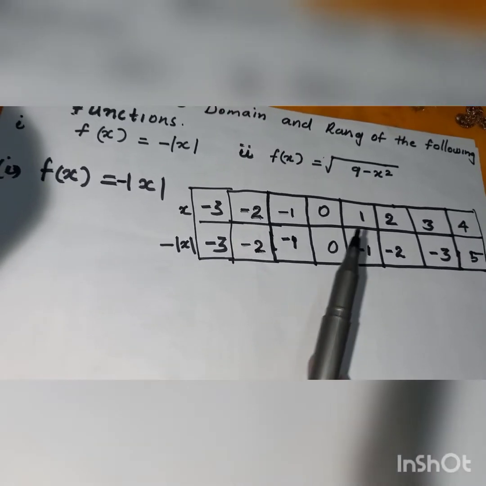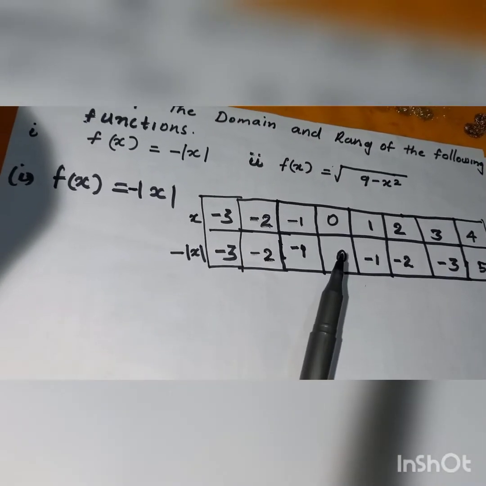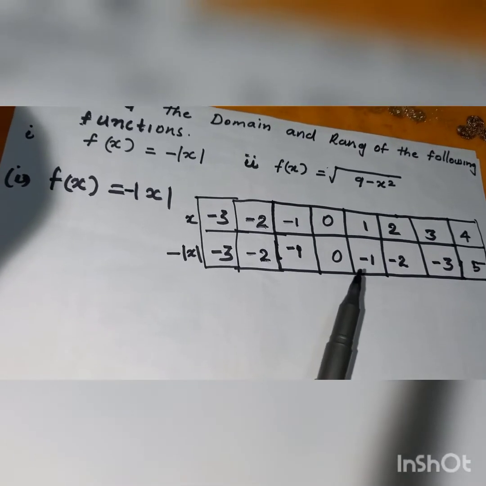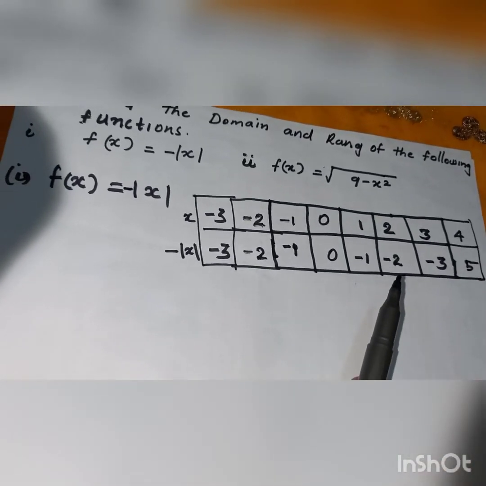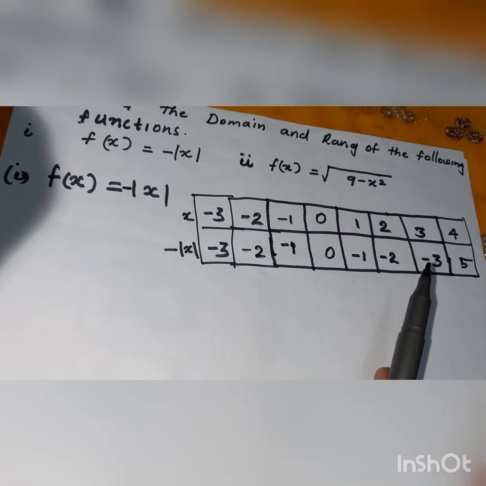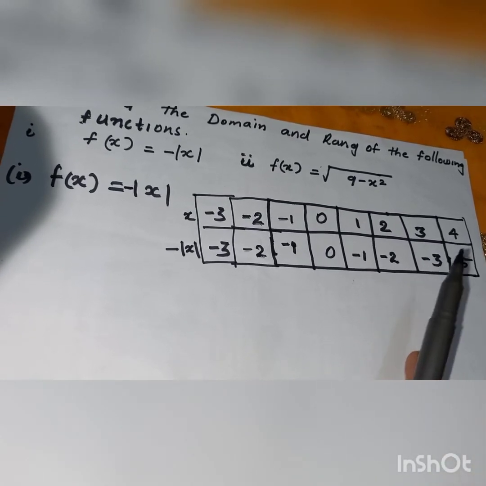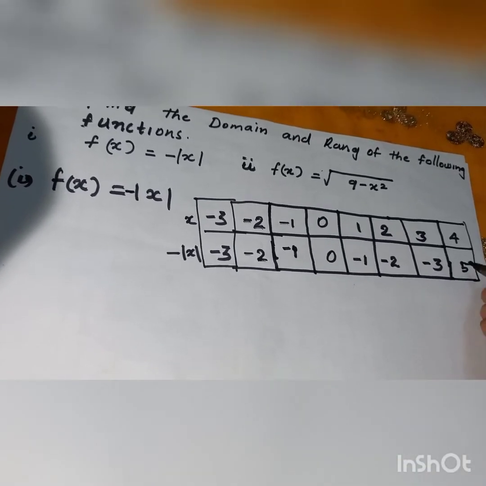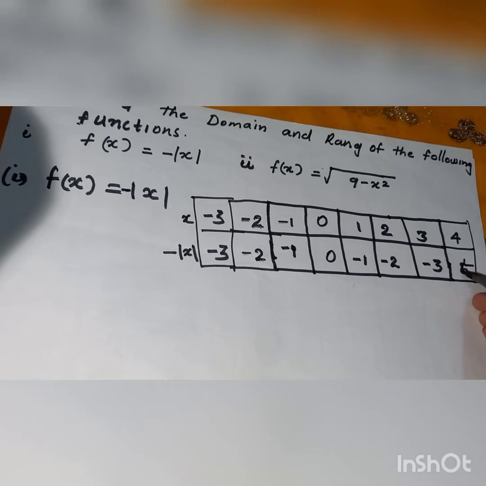If you put 0 here, we get 0 only. If you put 1, we get minus 1. If you put 2, we get minus 2. If you put 3, you get minus 3. If you put 4, you get minus 4.